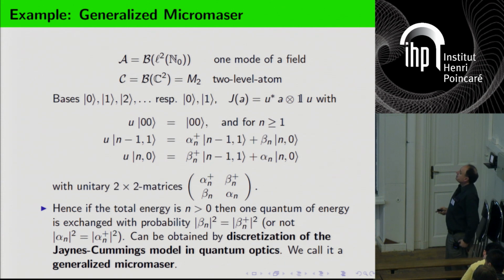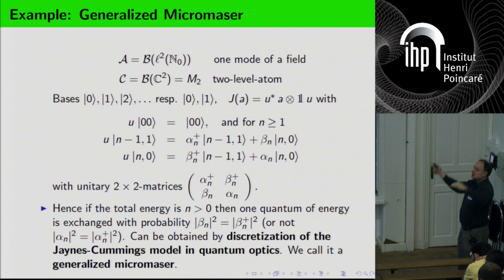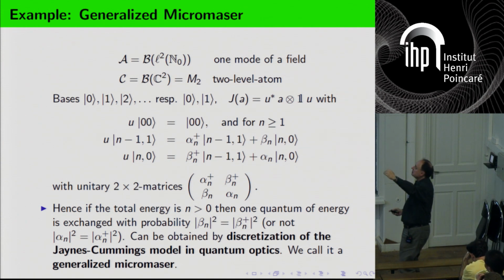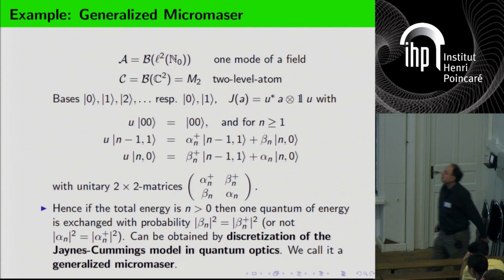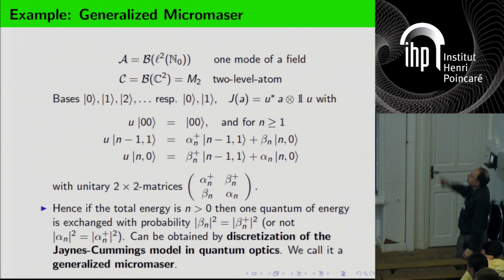And if you have n minus 1 quanta in the field and excited states in the atom, it can stay like that, or this one quantum can be exchanged. And the other way around, if you have n quanta of energy in the field and the ground state in the atom, one of these energy quanta may be exchanged, and you have some coefficients then, alpha and beta, beta plus, alpha plus.